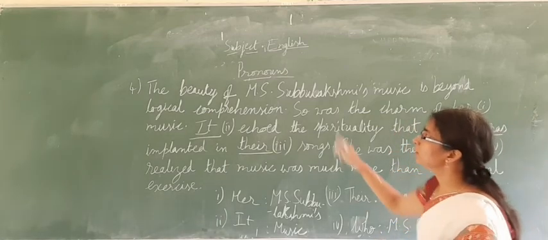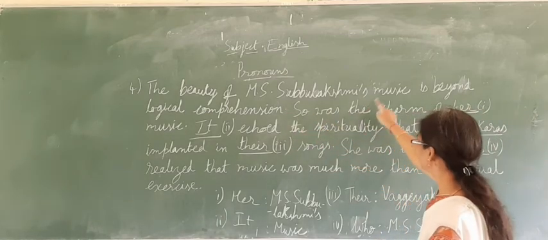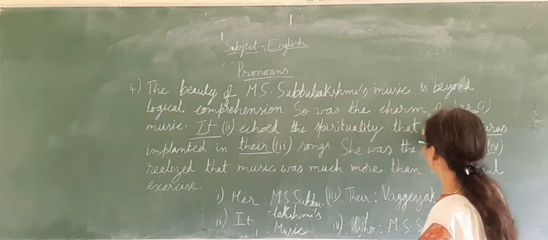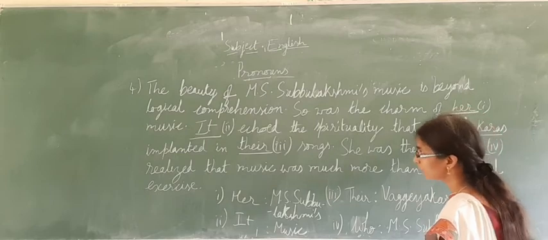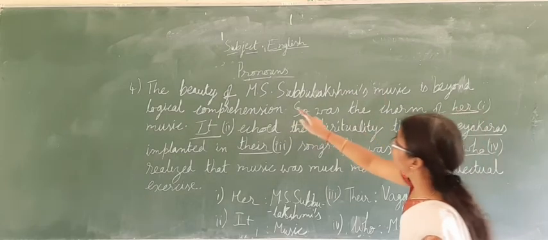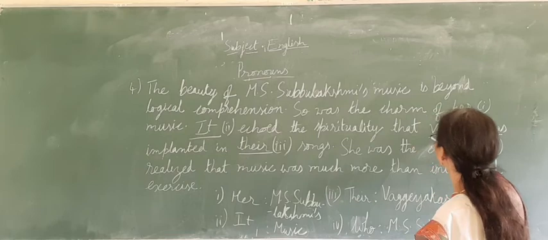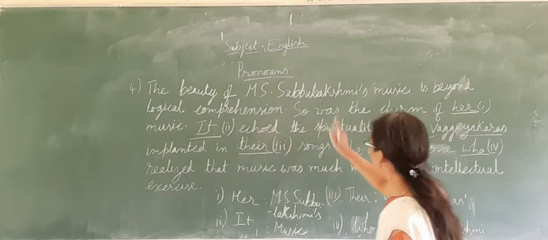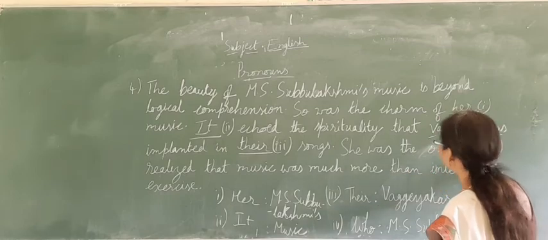For your pronouns: the beauty of M.S. Subbalakshmi's music is beyond logical comprehension. So was the charm of M.S. Subbalakshmi's music. Music echoed the spirituality that Vadyakaras implanted in Vadyakaras' songs.